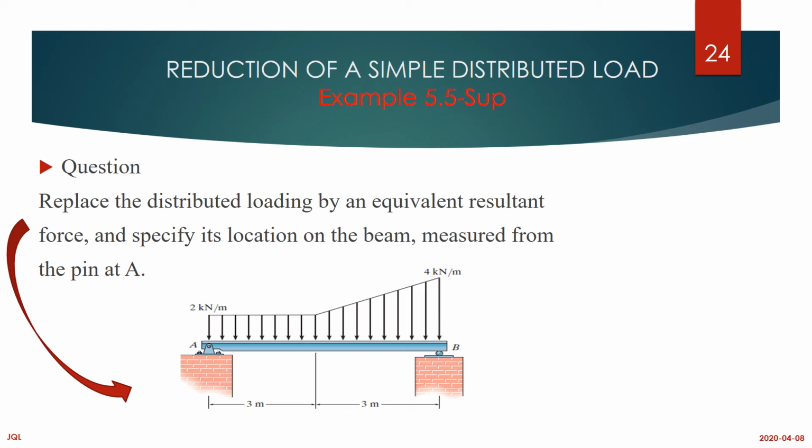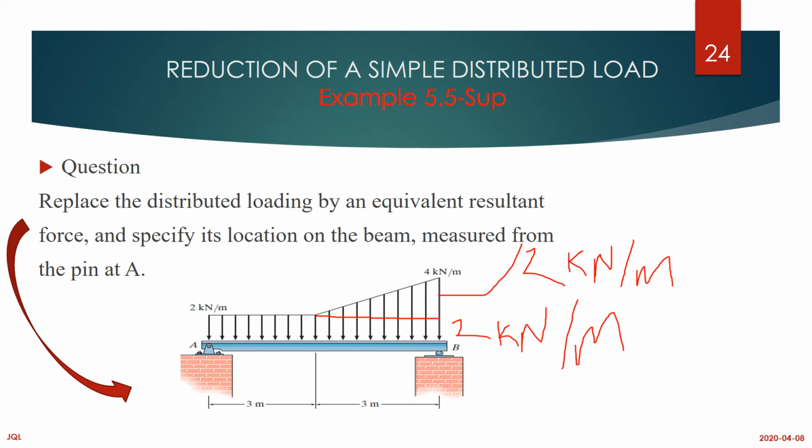You come out with, to make a rectangle which is going to be 2 kilonewton per meter, and the remaining one will also be 2 kilonewton per meter. So you do the same.